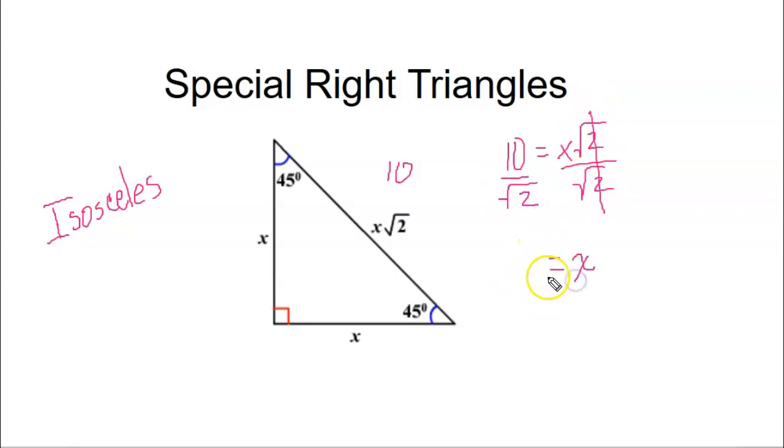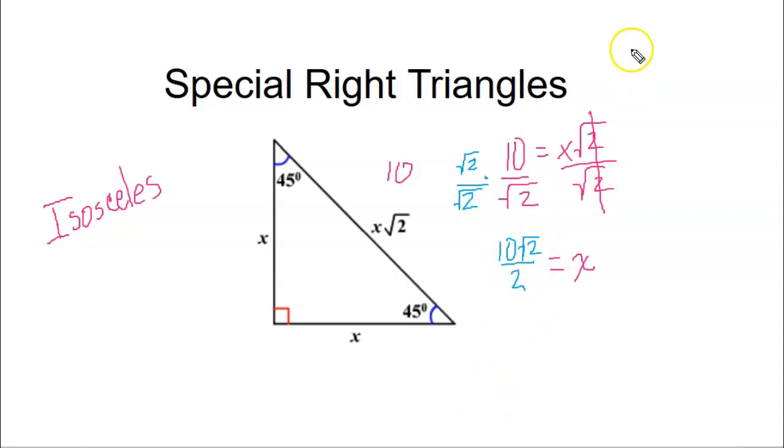The problem that causes is that we can't leave a square root in the denominator. And if you recall, rationalizing a denominator, we just want to multiply the top and the bottom by the square root of 2. And when we do that, we get 10 square roots of 2 over 2.